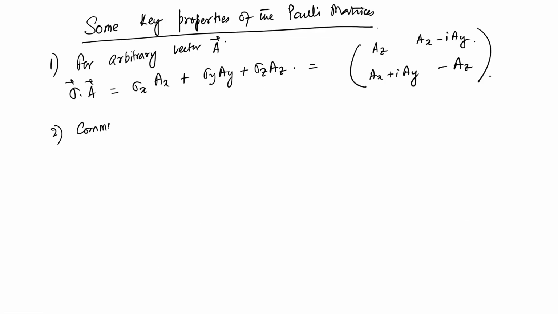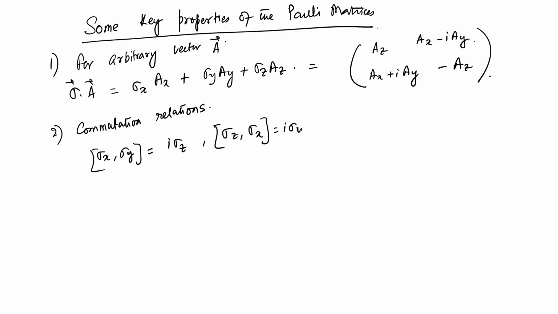Okay, so we write down the commutation relations for these sigma matrices, and the sigma matrices have the same commutation relation: sigma x, sigma y is equal to i sigma z, and sigma z, sigma x is equal to i sigma y, and sigma y, sigma z is equal to i sigma x.